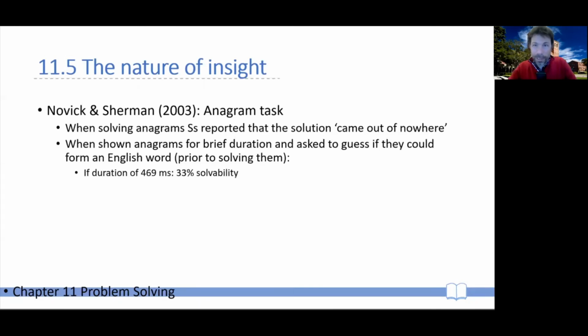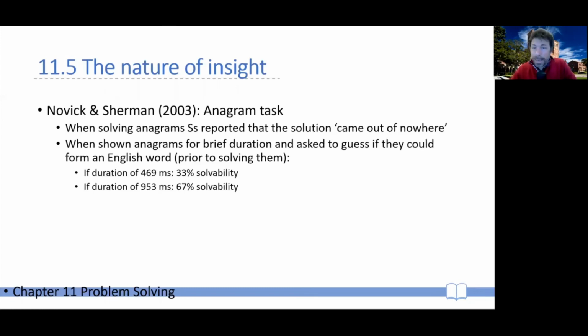What is really interesting is that if you give them a little more time, 153 milliseconds more, and again, participants didn't get the solution yet. But if you ask them after a little bit more time, do you think this makes an English word or not? Participants are much better at guessing correctly. In fact, significantly more than chance.